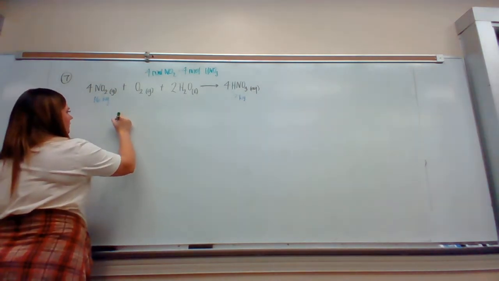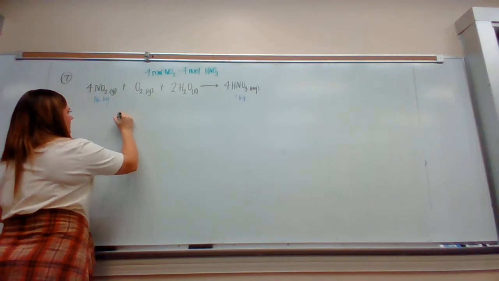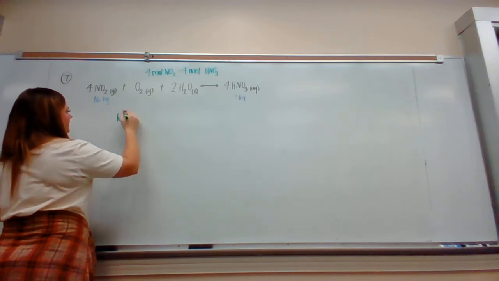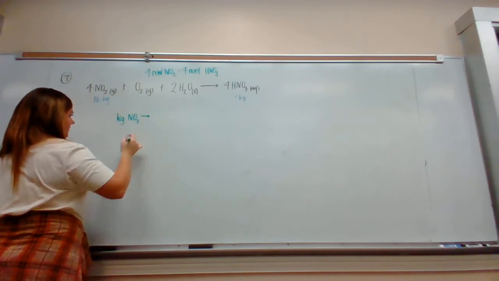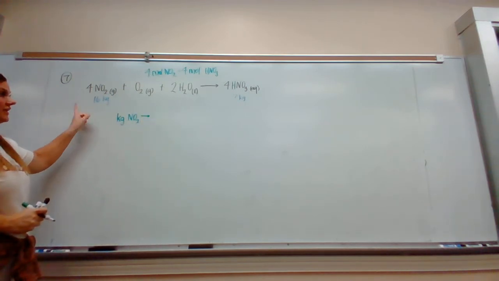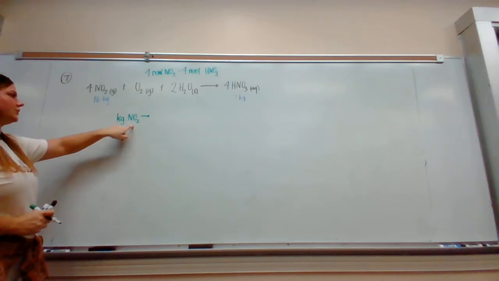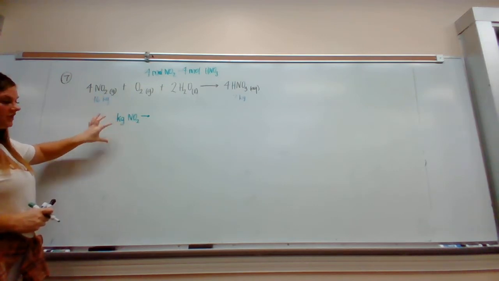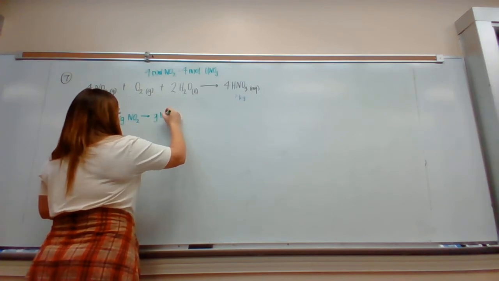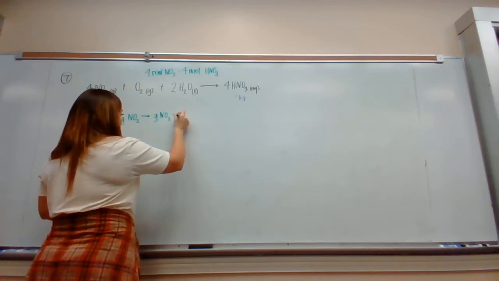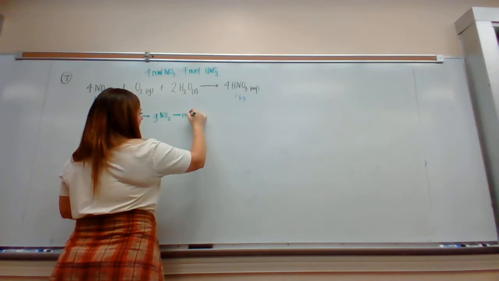If I wrote this out as a guide of the steps I was going to follow: first, I've got to get NO2 to grams. I don't want it in kilograms, so that I can use the molar mass of NO2 to get this to moles.